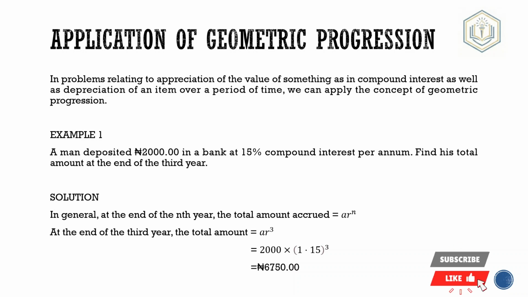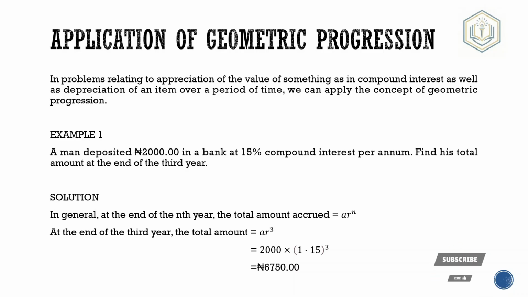So it means that the common ratio is going to be what? 100% plus 15%, because that money is appreciating. So we're going to have our common ratio to be 1.15 or 115%.